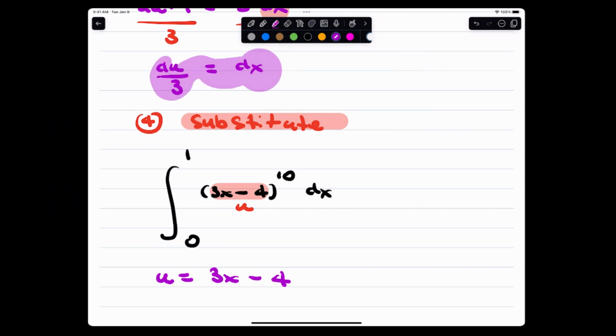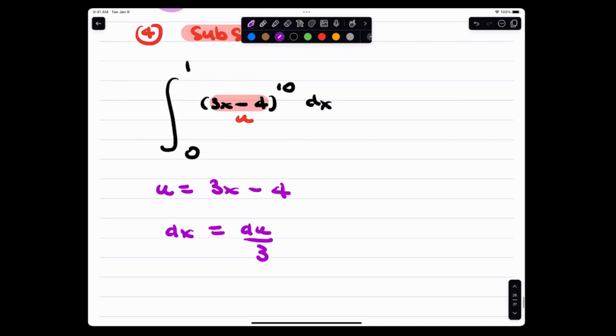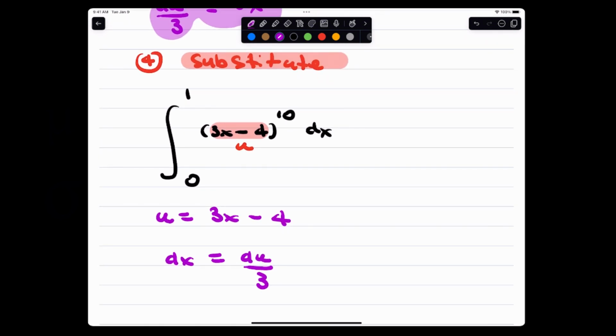What is dx? du over 3. This is the information you use to do what? To substitute.